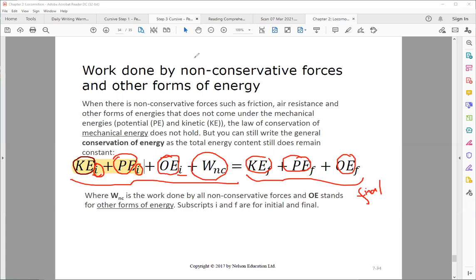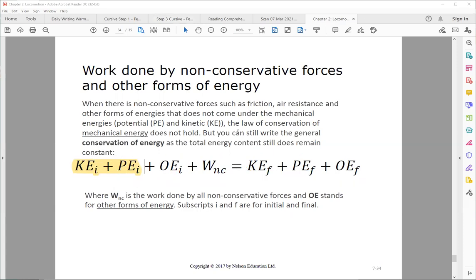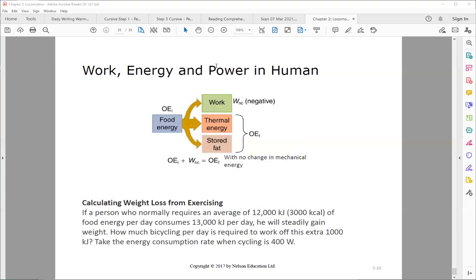Now as an illustration, we're going to apply this to the work, energy, and power in the human body. Now we have other energies, here in the form of food energy. This is in the initial state.